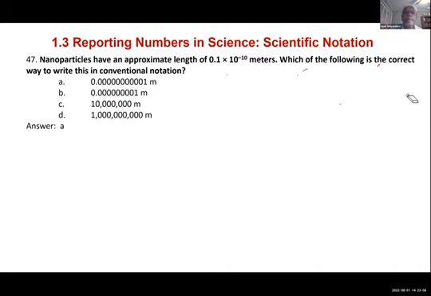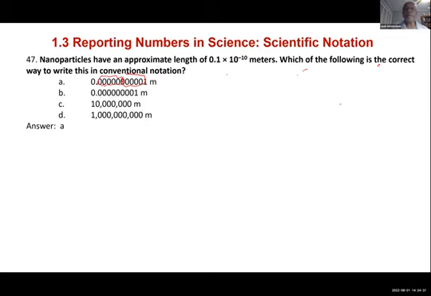Okay. Conventional notation. How many decimal places do you have to move here? Decimal place here, 1. 10 places. 5, 5, 10. That's the way to go.